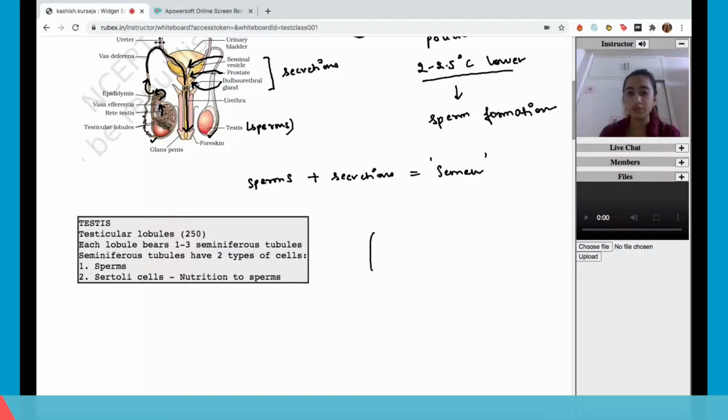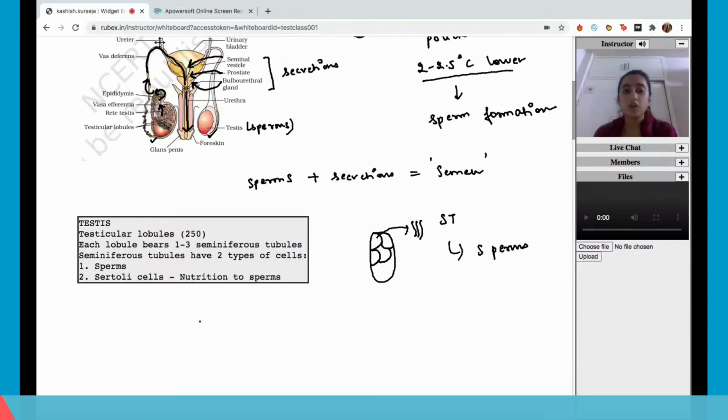I'm just going to briefly show you a single testis. It's going to have a number of these lobules, as we said, 200 to 250 lobules. Each lobule has 1 to 3 seminiferous tubules. Seminiferous tubules will be forming sperms, and we have Sertoli cells that are rounded.